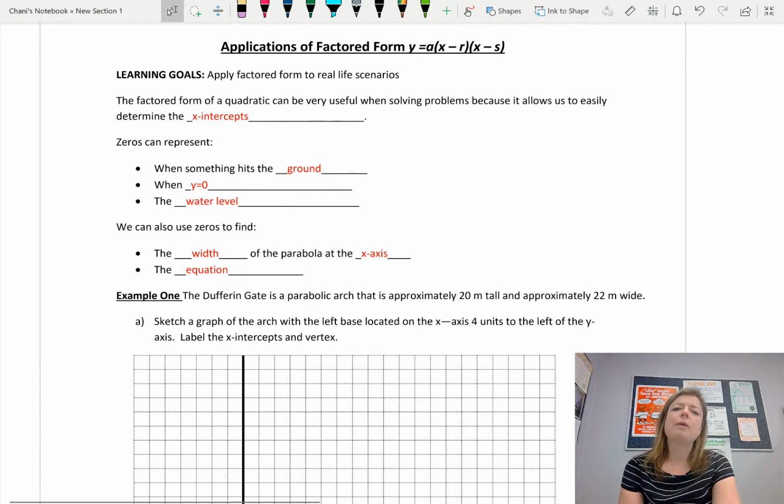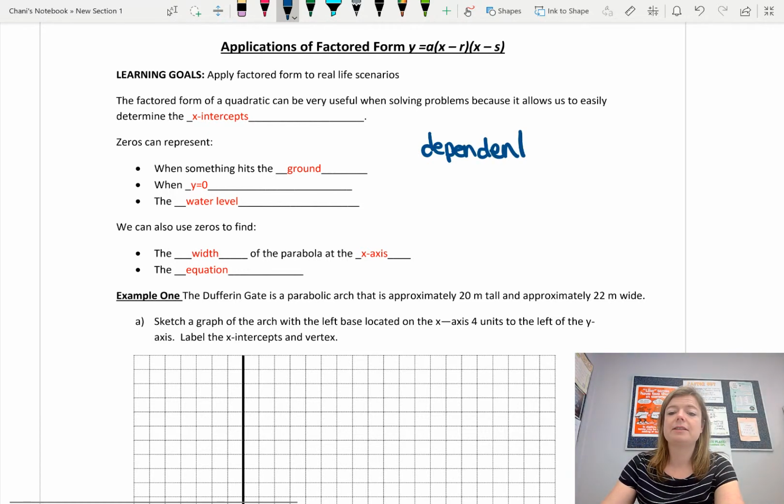Okay, so questions that are useful for factored form is anytime the dependent variable is zero. So basically, anytime you are hitting these x-intercepts.